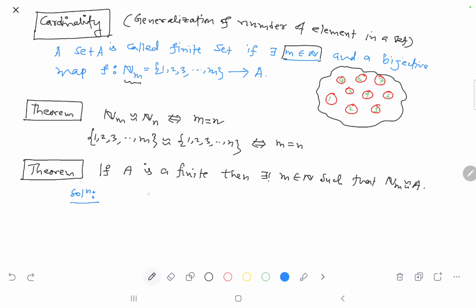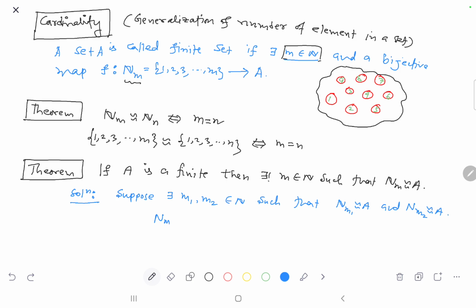Look at this. Suppose there exist m1, m2 belonging to the natural numbers such that N_m1 is equipotent with A and N_m2 is equipotent with A. Now look at this.